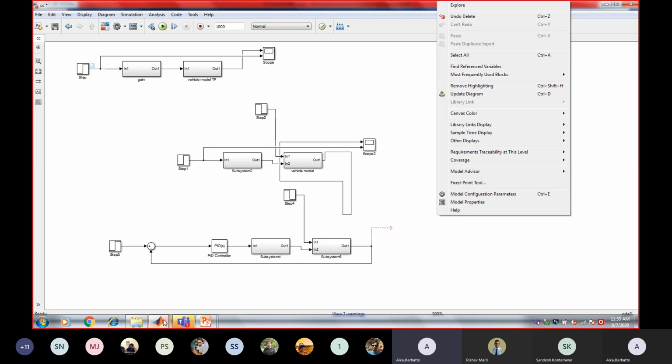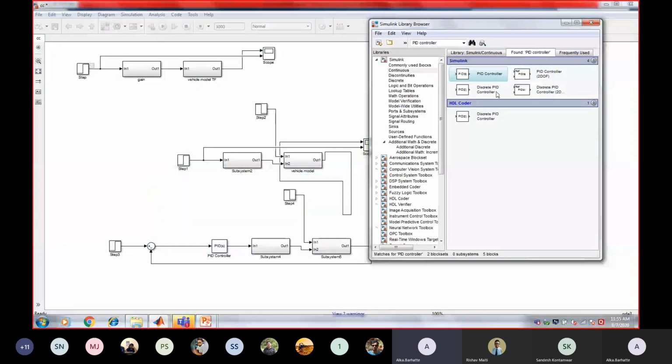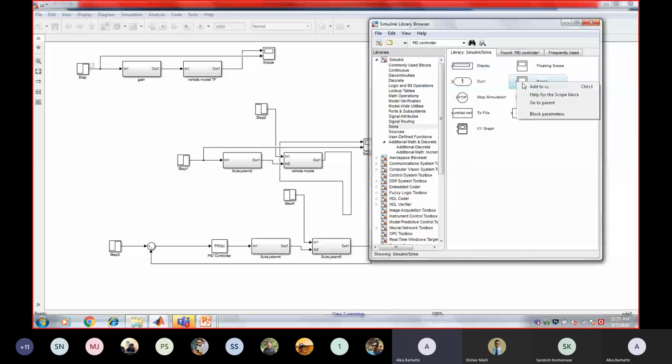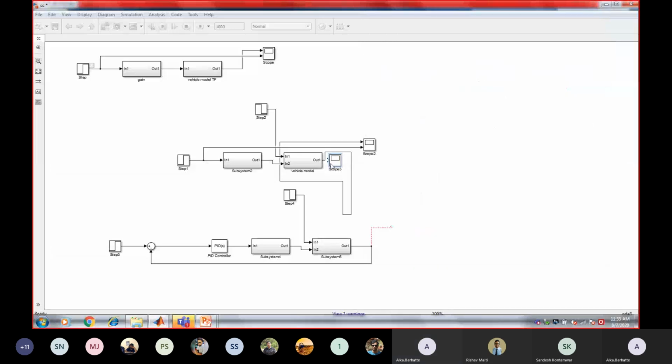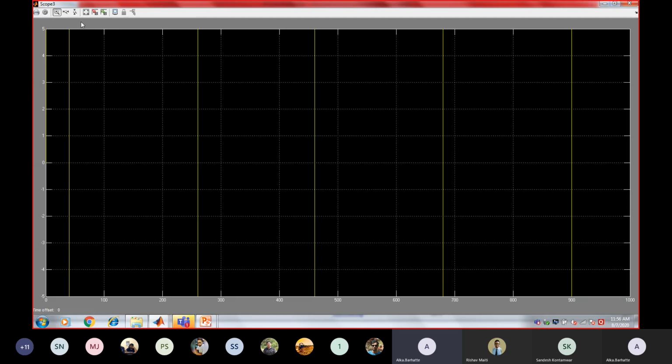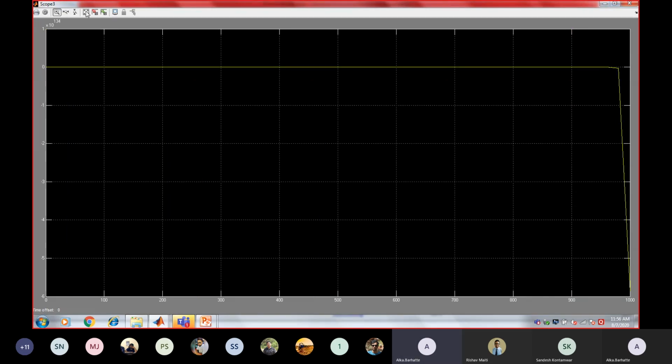I'll add another scope and then we'll check. I'll save this model and I'll execute. And we are interested in the output of this, which is giving me something simple.